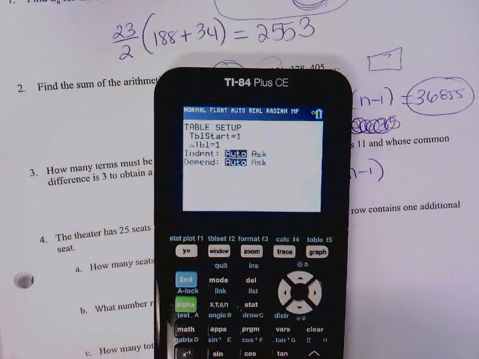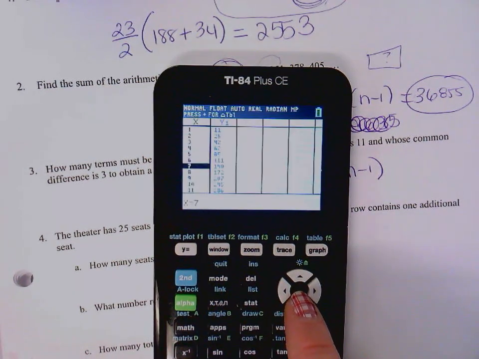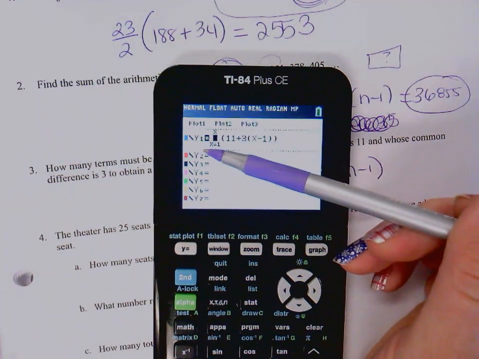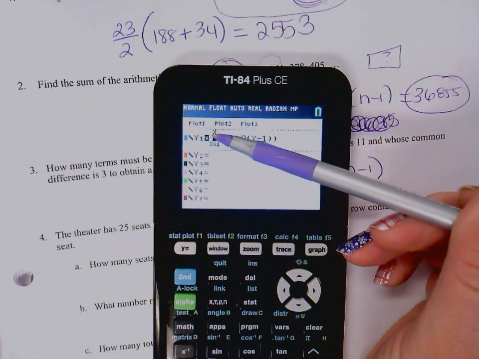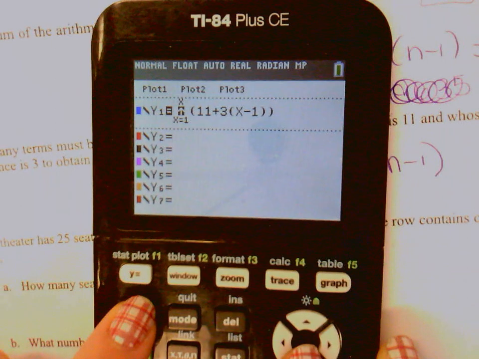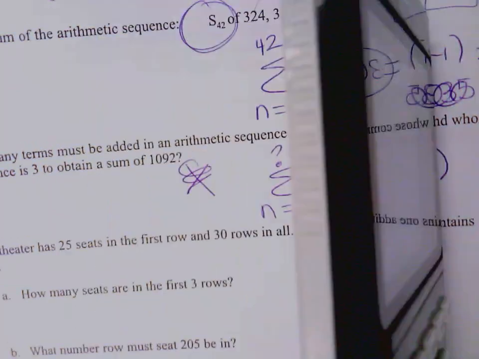Let's just make sure it shows up in our table. Yeah, so then you've got the running sum in your table. You're using a lot of variables because it's x equals 1 up to x, and you're putting an x there. But that's just a shortcut. Instead of guessing and checking, you could skim down in your table until the sum gets to be whatever we wanted, 1092.